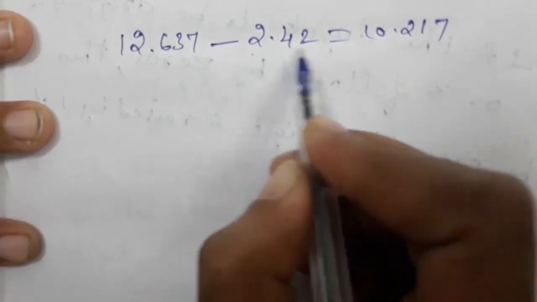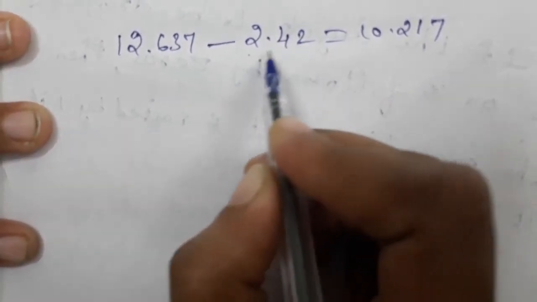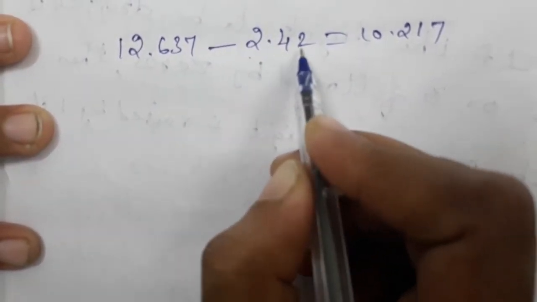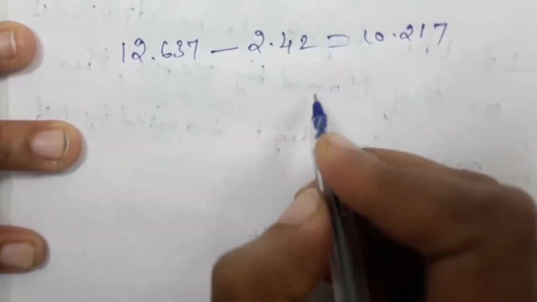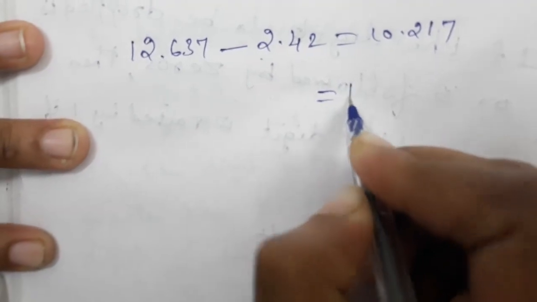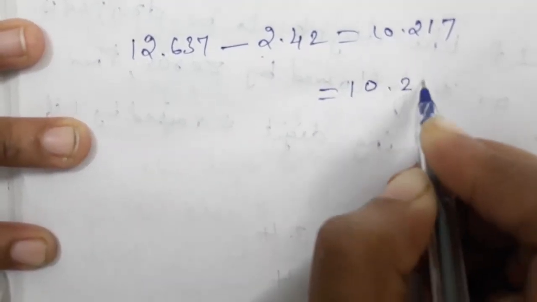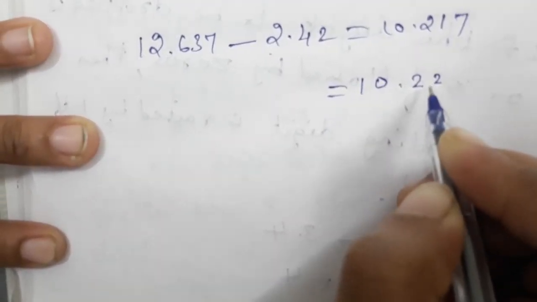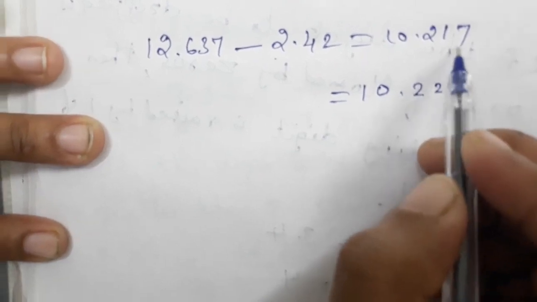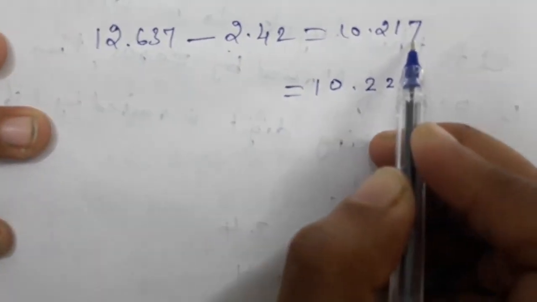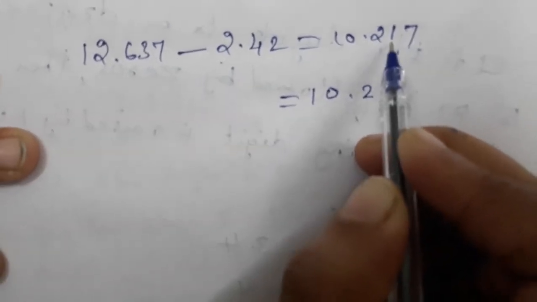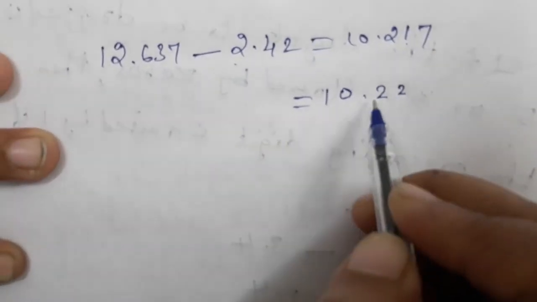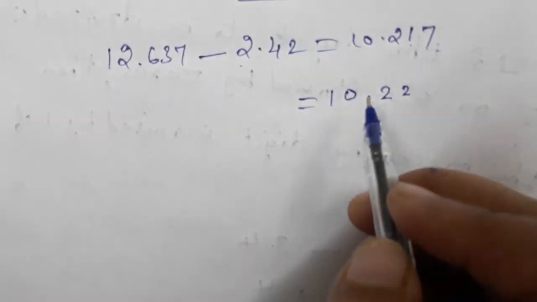This number has the smallest number of digits after the decimal point. So we can write the answer as 10.22. Why are we writing 22? Here the digit is greater than 5 and the previous digit is odd. So we have to add 1. So 10.22.